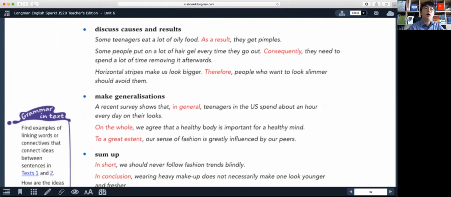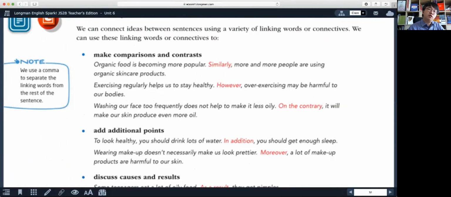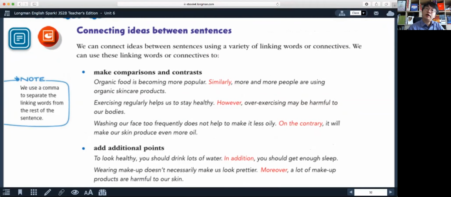Five different types of connectives I mentioned just now in my lesson. So if you still don't understand how to use these connectives, or their meaning or even their functions, please read this page carefully. Or please watch the video again from the very beginning.